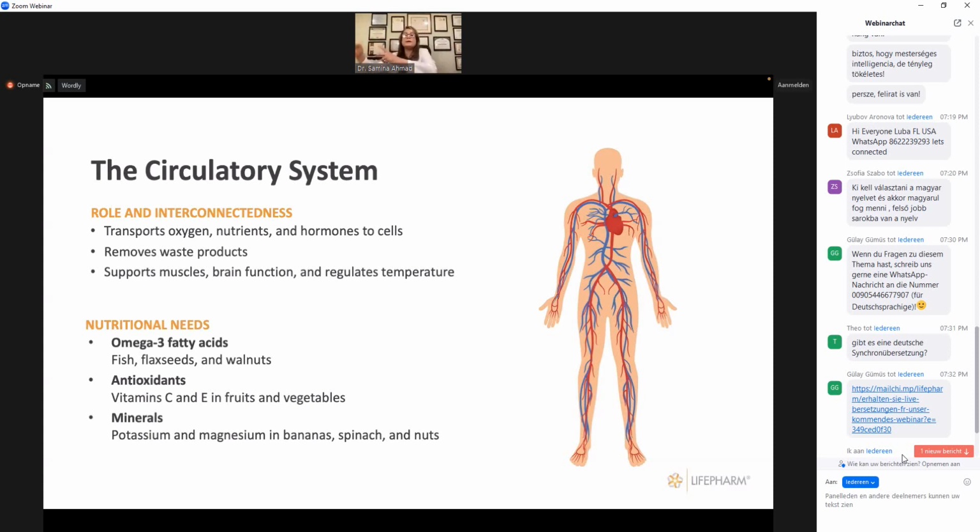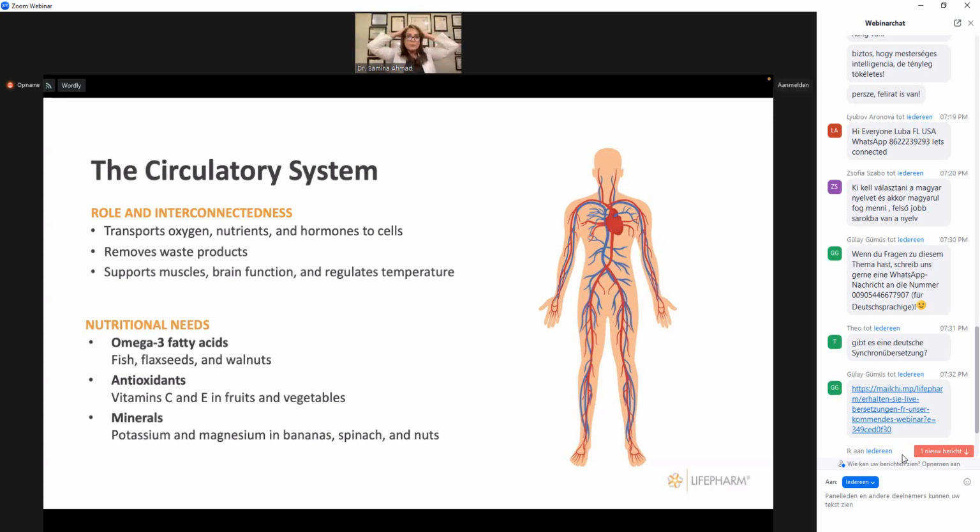And then you have the dirty blood from those same organ systems moving with carbon dioxide back to the heart so that the blood can be cleaned up, right? And this system is also maintaining the temperature of your body. Now, when it's supporting the muscles, the brain function, the temperature regulation, this is a very important system.